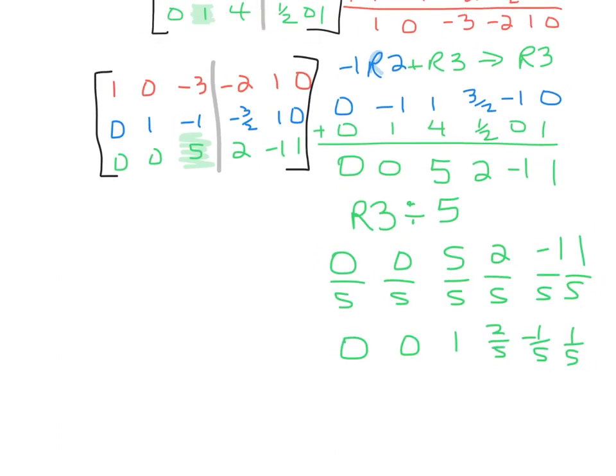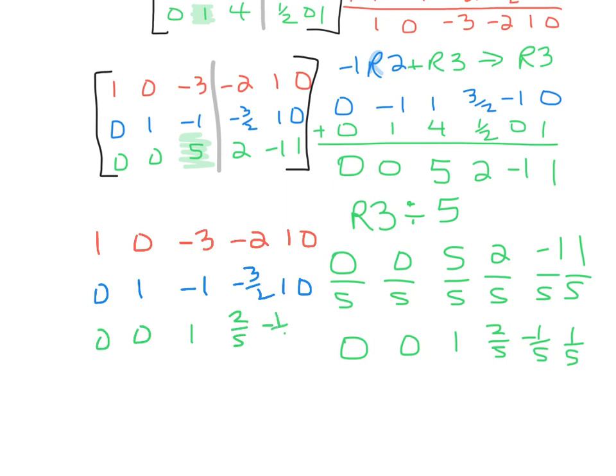So now, rewrite 1, 0, -3, -2, 1, 0, then 0, 1, -1, -3/2, 1 and 0, then 0, 0, 1, 2/5, -1/5, +1/5. And here's my dividing line.